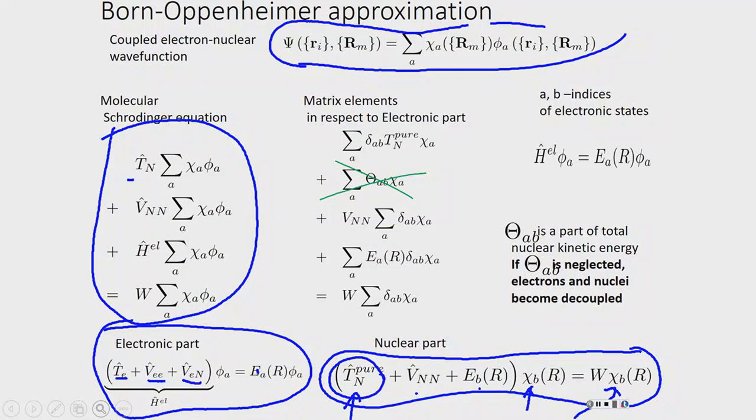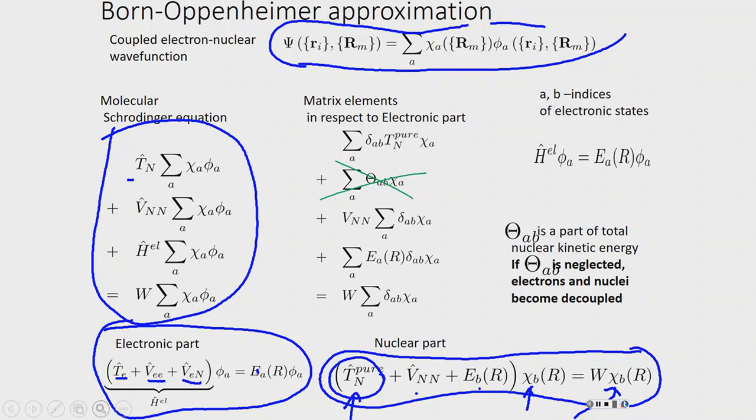And we seek to give a name to those terms that we are dropping, and after this, the Schrödinger equation for the nuclear wave function will look in a standard way, without any mixtures and without any memory about electronic parts.